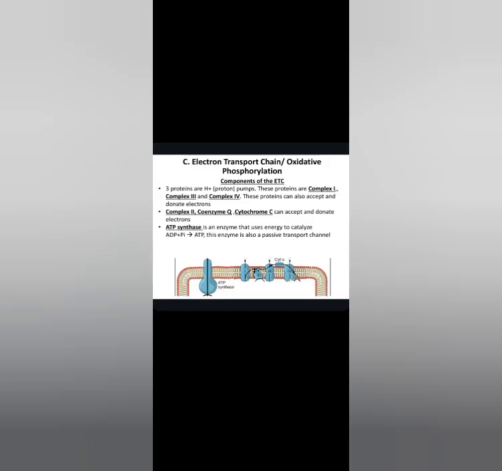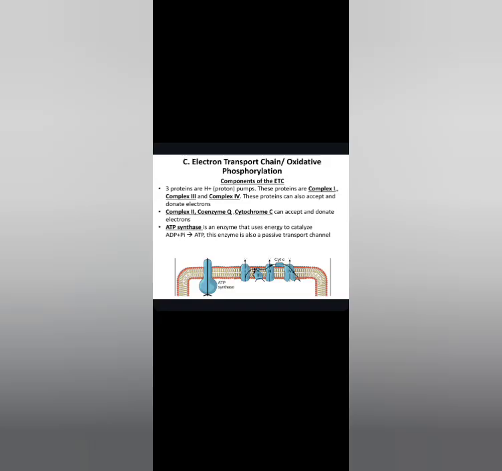Complex 3 passes that high energy electron to cytochrome C. When it does so, a little bit of energy is released. That complex 3 uses to pump hydrogen out into the intermembrane space. Cytochrome C now carries those high energy electrons and they are passed into complex 4.